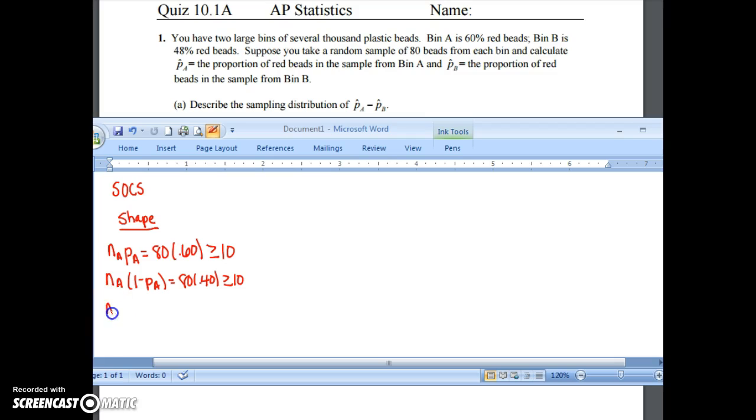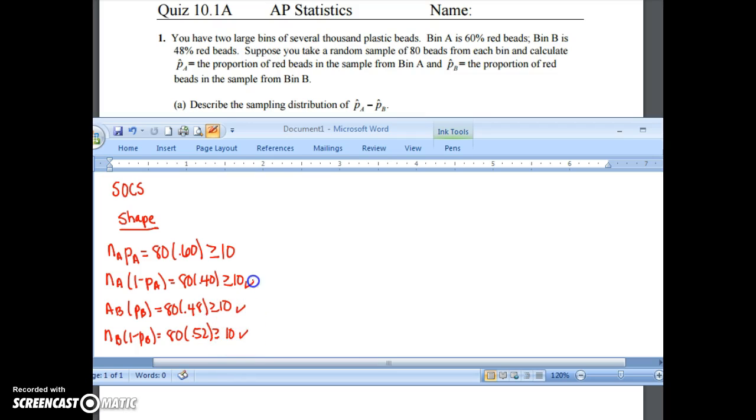You have to do the same thing for bin B and figure out if you took 80 out of bin B and multiplied that times 48, is that greater than 10? And again, you have to do the complement from bin B. If you took 80 beads out and multiplied by the complement, is that greater than or equal to 10?